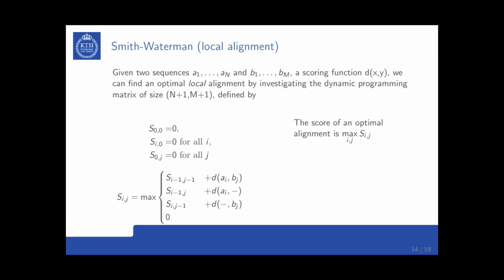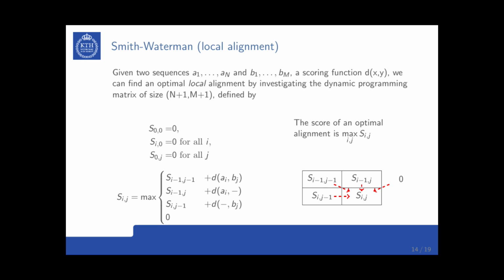Another difference is that we introduce yet another possibility for the alignment. We always compare the alignment score of the previous elements to 0.